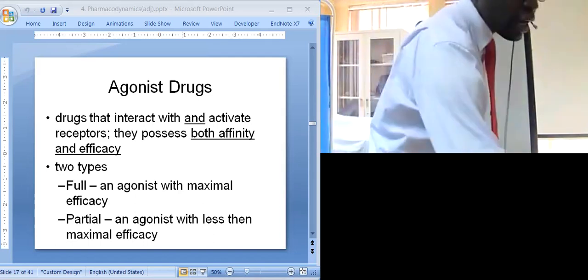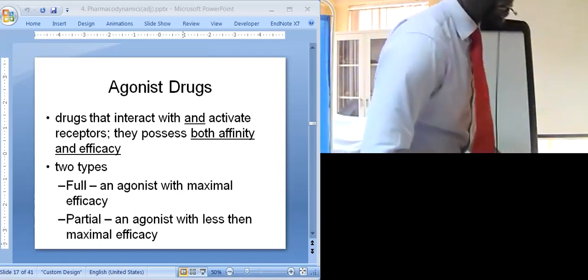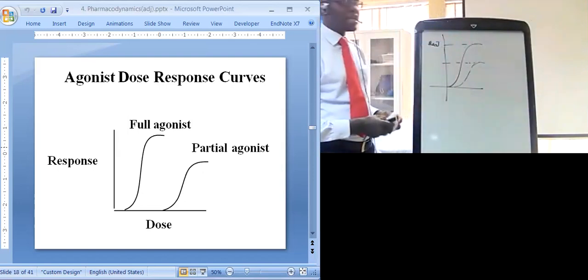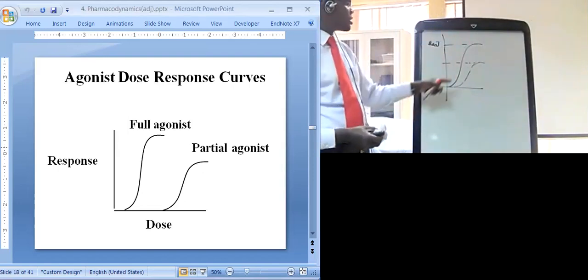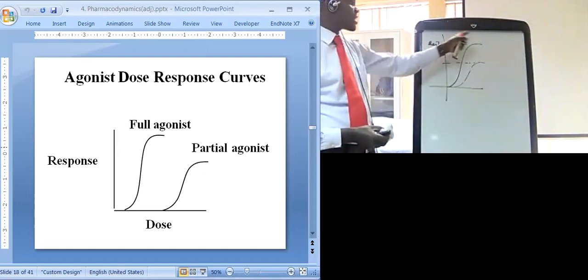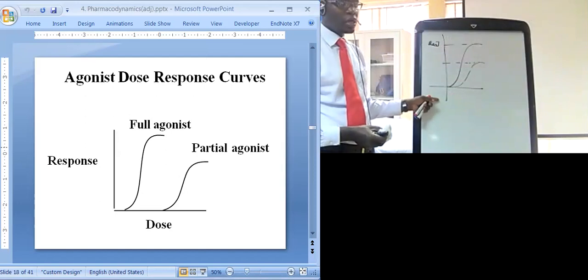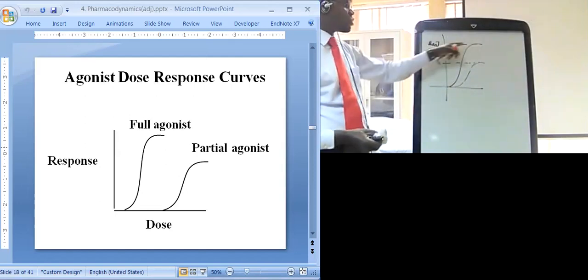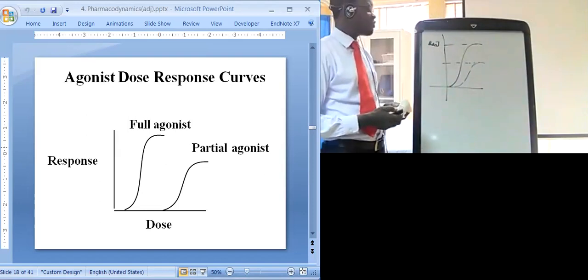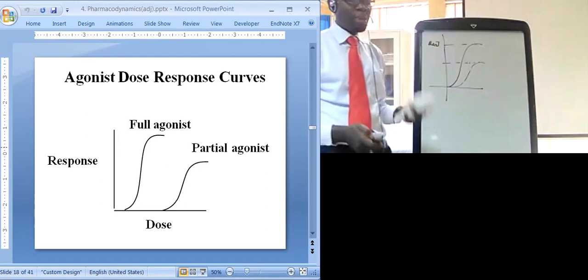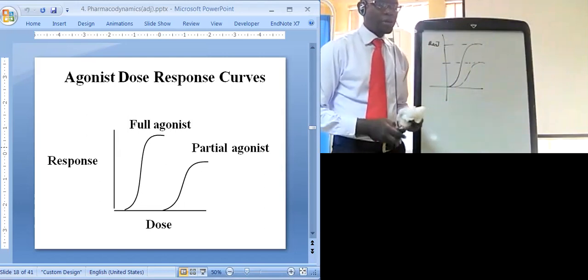As seen earlier, if this is response and this is the dose, and we get a maximum, high response, then we refer to that as a full agonist, compared to a partial agonist.